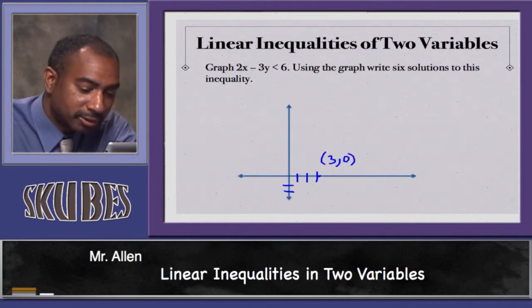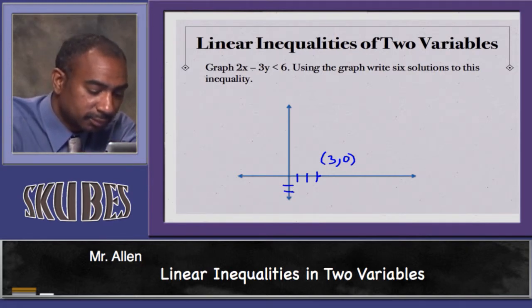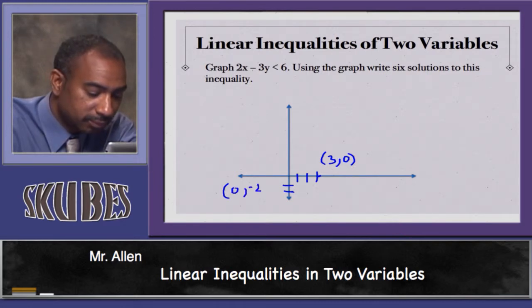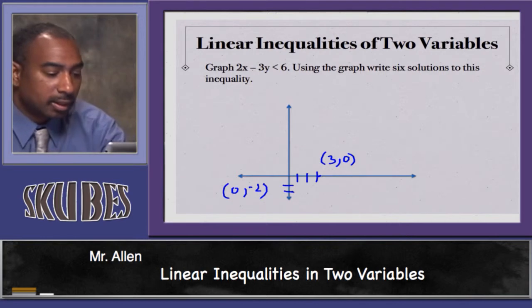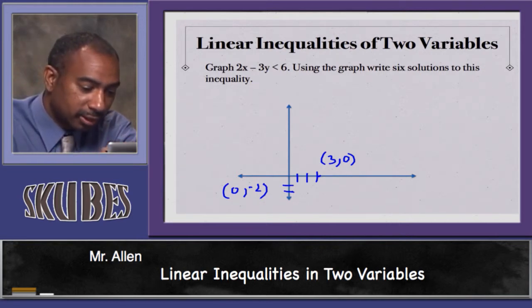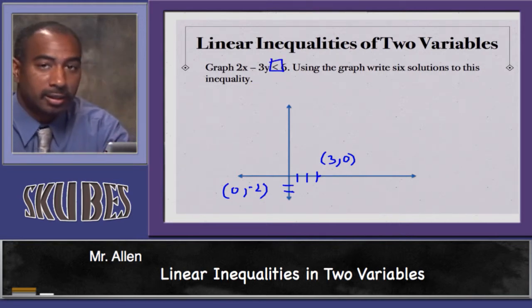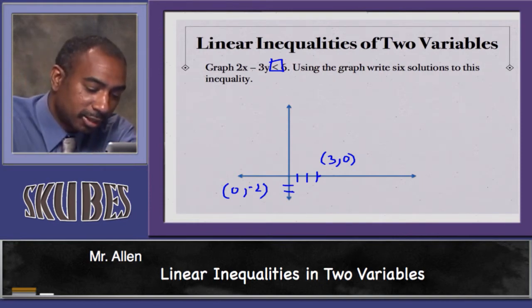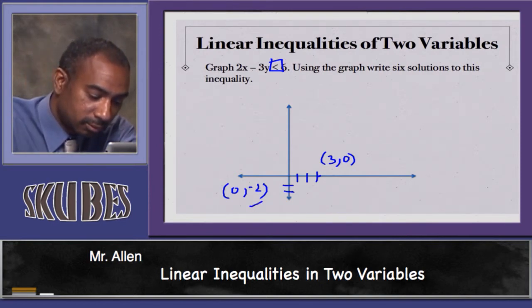And I have a y-intercept of 0, negative 2. This is strictly less than, so you're not including any ordered pairs that are on the line. So you're going to use a dashed line. So your boundary line is going to look like that.